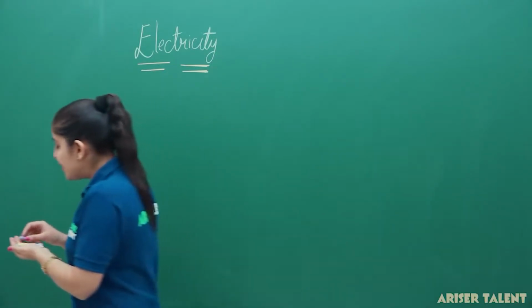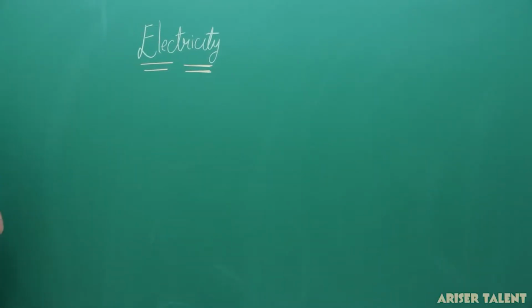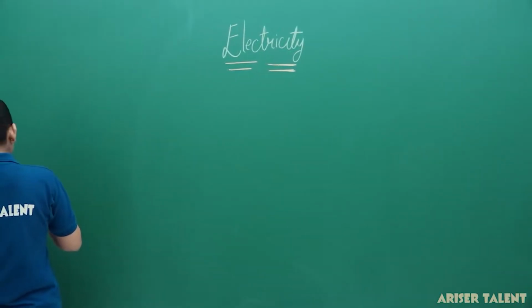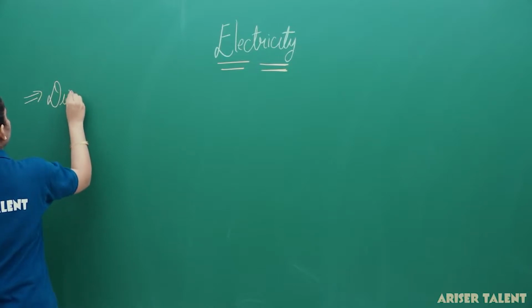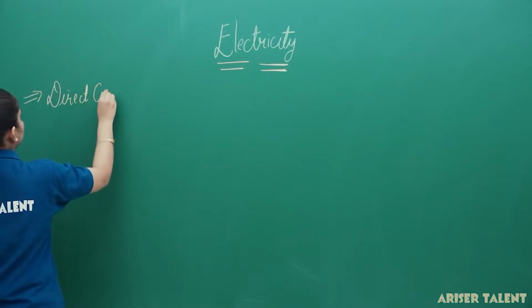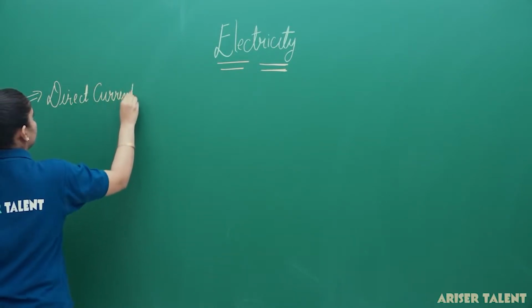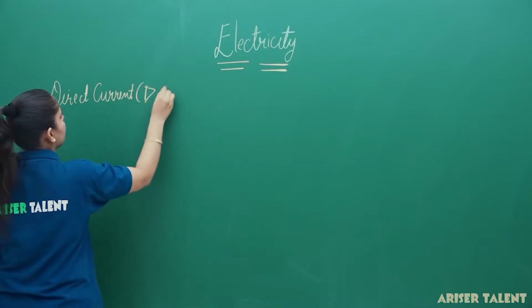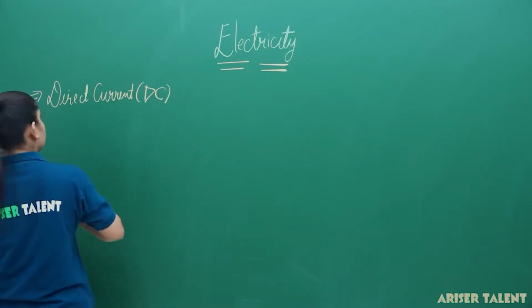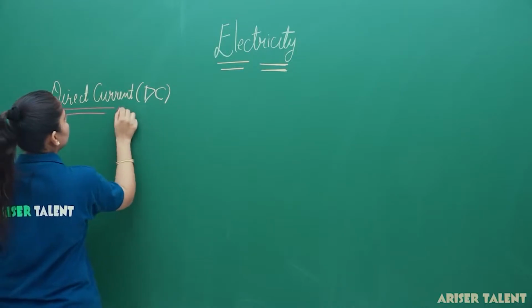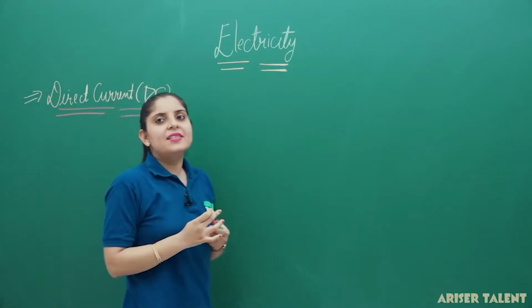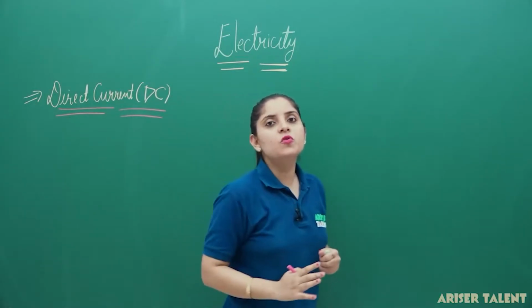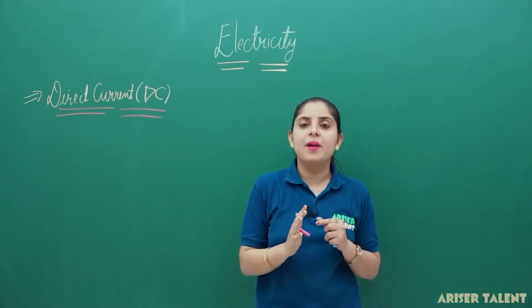Now, what is direct current? Firstly, we are discussing direct current. Direct current is a current whose value does not change with respect to time.